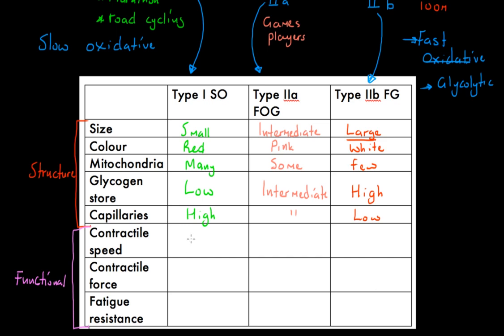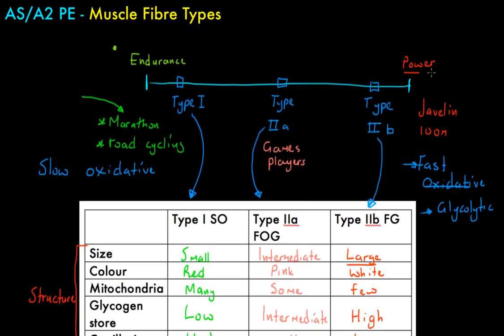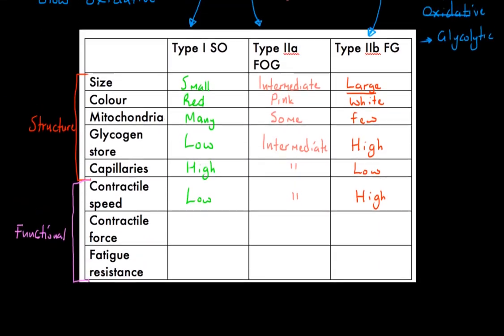What is the contractile speed of slow oxidative muscle fibers? Well, of course, it's a low speed fibre. What about our type 2As, these ones that are always in the middle? Well, once again, it's intermediate. What is the contractile speed of a fast glycolytic fibre? Well, not surprisingly, it's high speed because they're fast contracting, as we've said before, power, 100-meter, javelin type muscle fibers, so they contract with high speed.